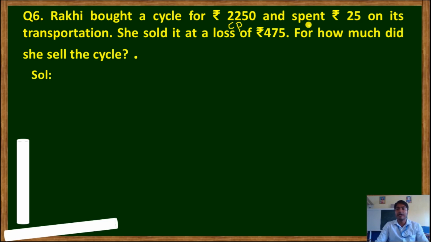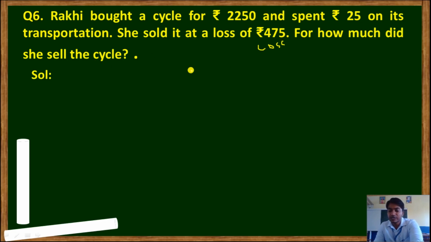And spent rupees 25 on transportation, that means this is overhead expenses. She sold it at a loss of 475. This is the loss here. Now we have to find out the selling price of the cycle.